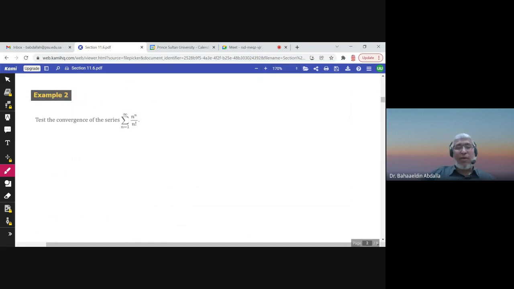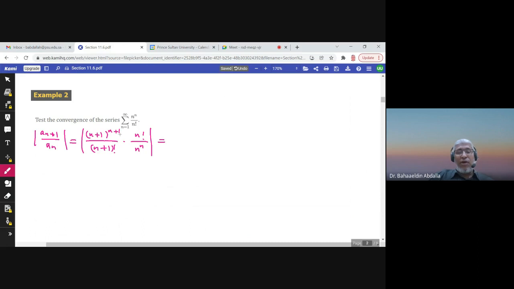Another example. So let us start by finding the absolute value of a_{n+1} over a_n. And this would be n plus 1 to the power n plus 1 over n plus 1 factorial. This is a_{n+1} multiplied by the reciprocal of a_n, which is n factorial over n to the power n. Of course, everything is positive inside, so I can just get rid of the absolute value.